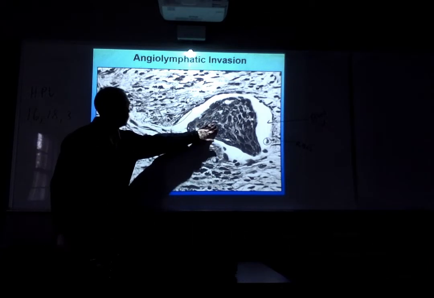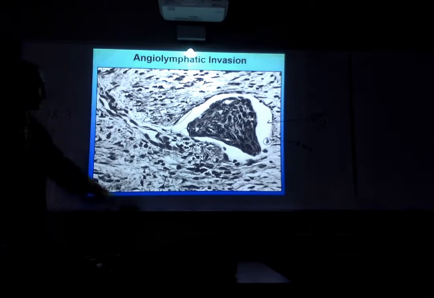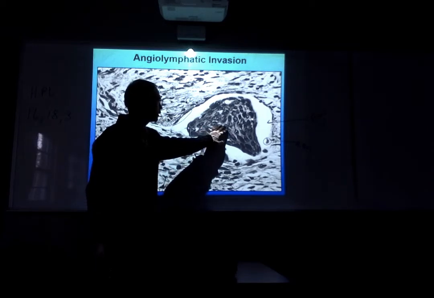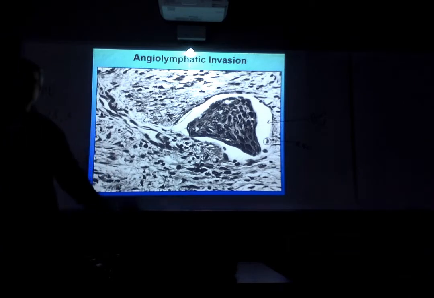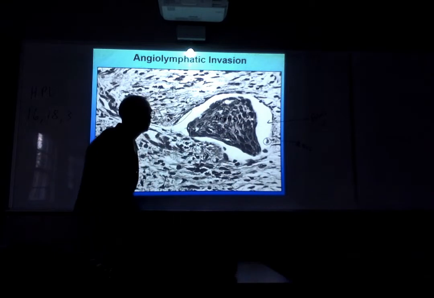Look what's in the lumen of the blood vessel. You have, appears to be a lump of cells, all of which are very densely packed. That's a neoplasm. This is a neoplasm. It's in the blood vessel.